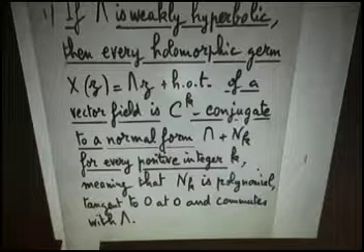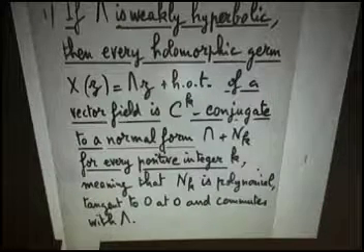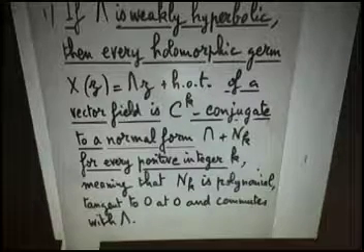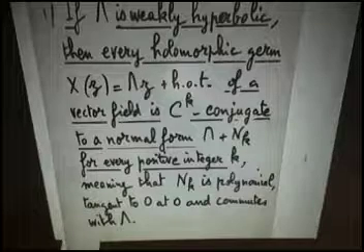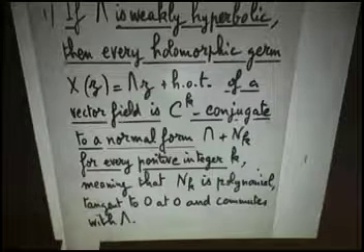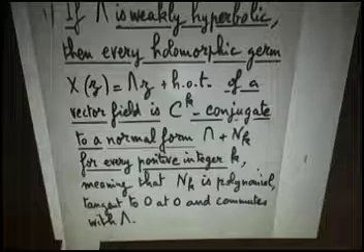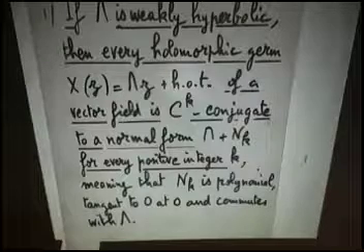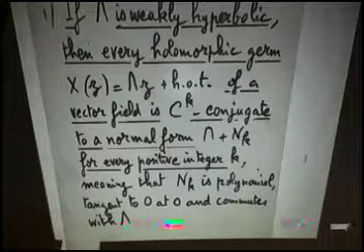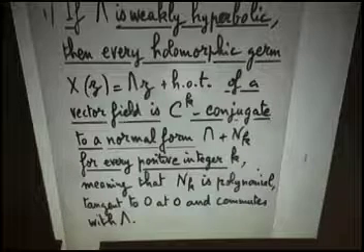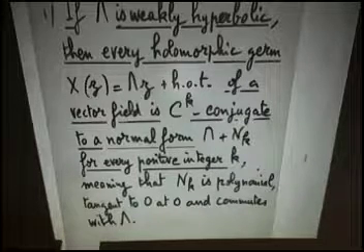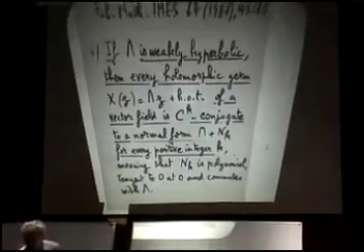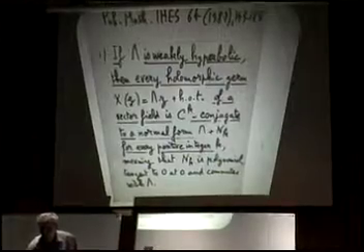It's that you are allowed to make CK changes of variables near the origin in Cn, viewing Cn as R2n, of course, and you say that two germs of holomorphic vector fields are CK conjugate when the local complex solutions of the equation associated to one of them are transformed into the local complex solutions of the differential equation defined by the other by the change of variables.